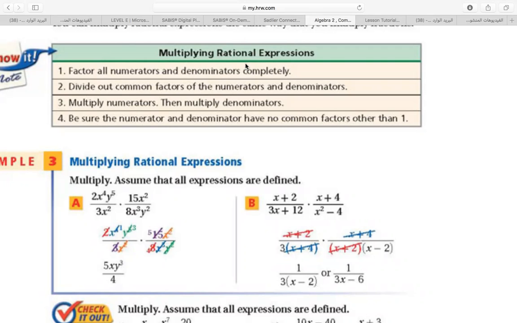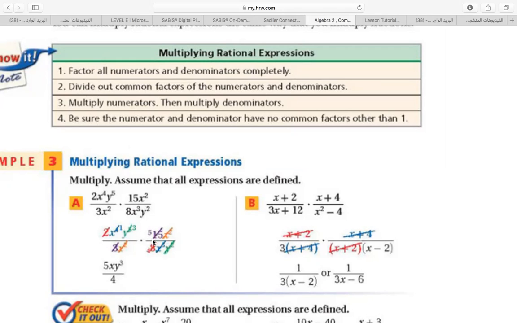A, I have here 2x to the power 4, y to the power 5 over 3x squared, multiplied by 15x squared over 8x to the power 3, y to the power 2. What is the first step? Factor all the numerators and denominators completely. Divide out common factors. So let's factor all the numerators and divide out the common factors.